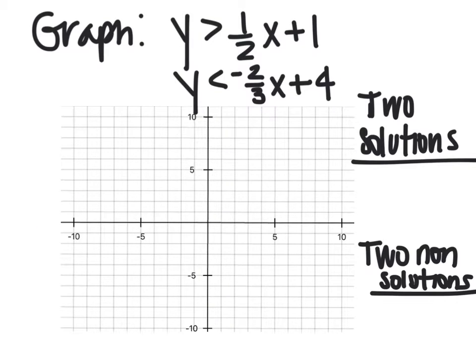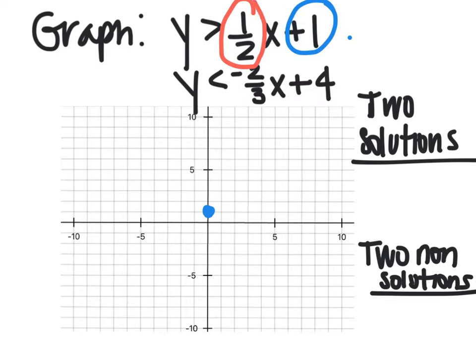Lastly, if you had to graph a system, then you need to actually graph each of the inequalities. So the first thing we do when we graph is we begin with our y-intercept, which in the first problem is a 1. So I'm going to put a point at 1. And then the next thing I'm going to do is I'm going to use my slope, which is my rise and my run.